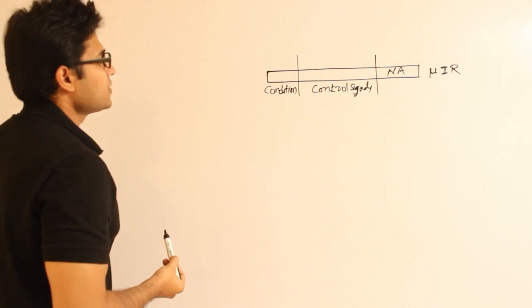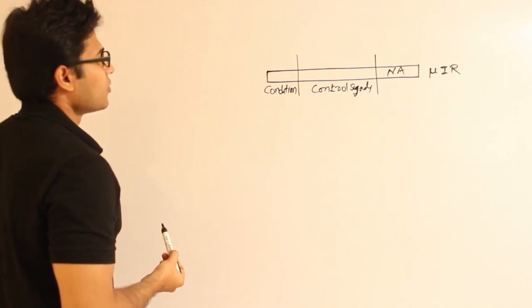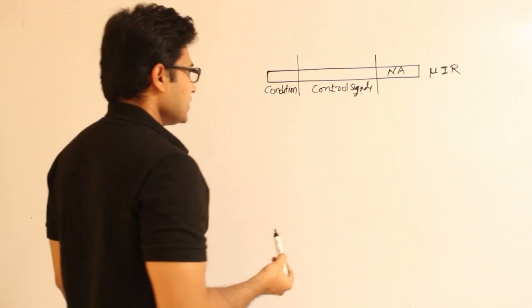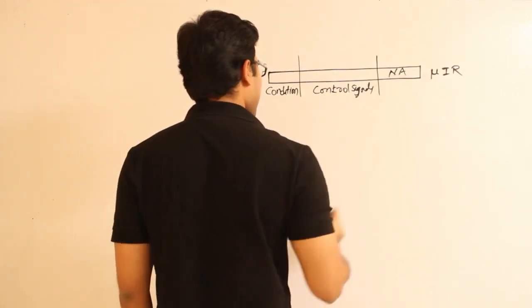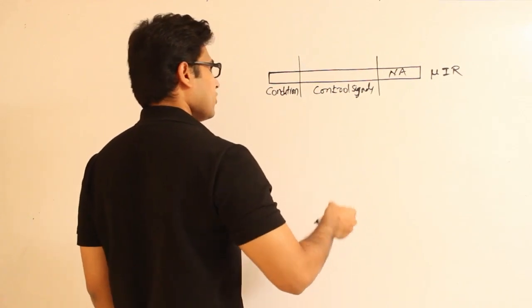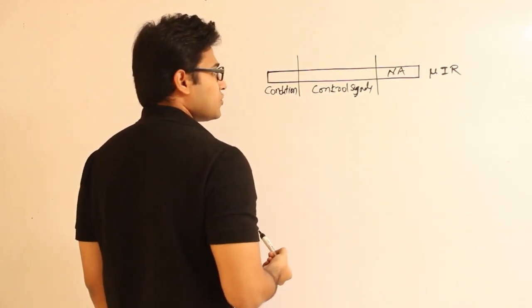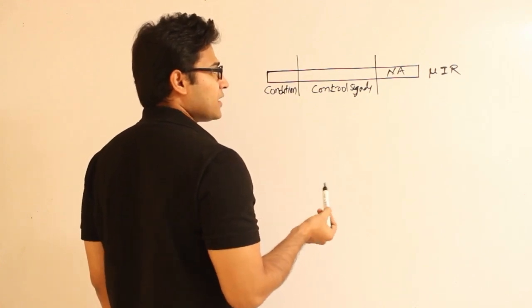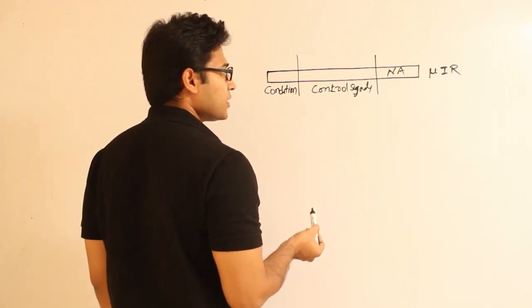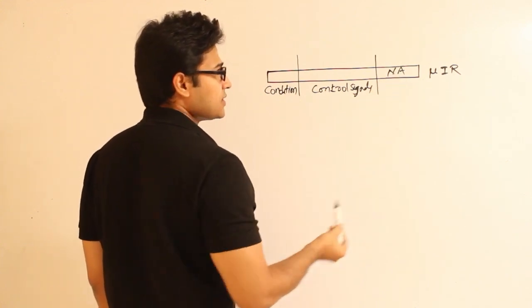How are we going to use it? If this is the micro instruction register, and it holds the actual instruction that we are executing at present, there should be a program counter which says what is the next instruction that has to be executed in the micro instruction sequence.